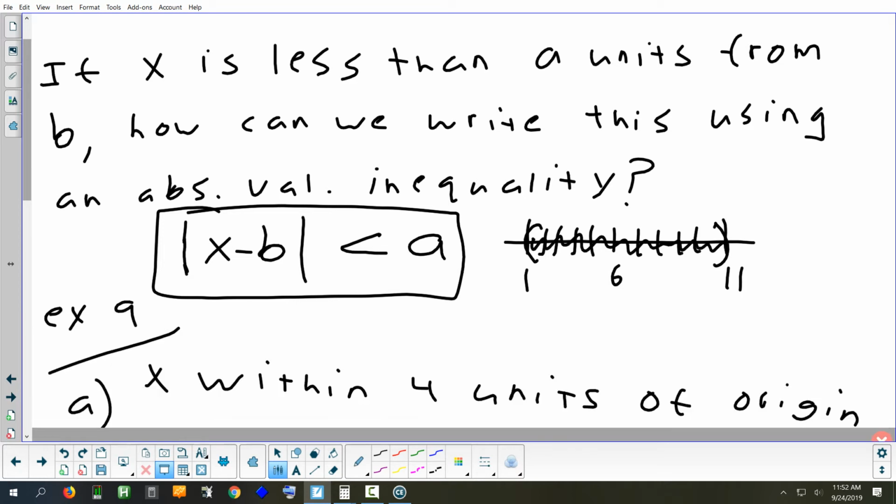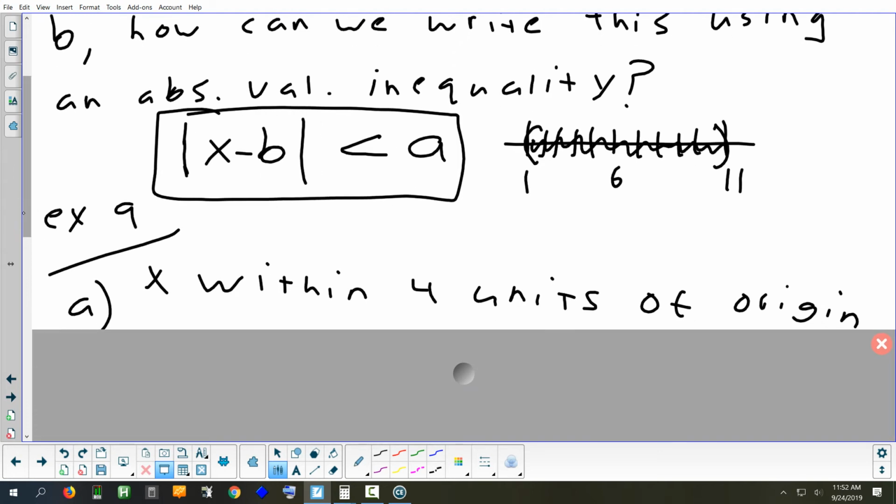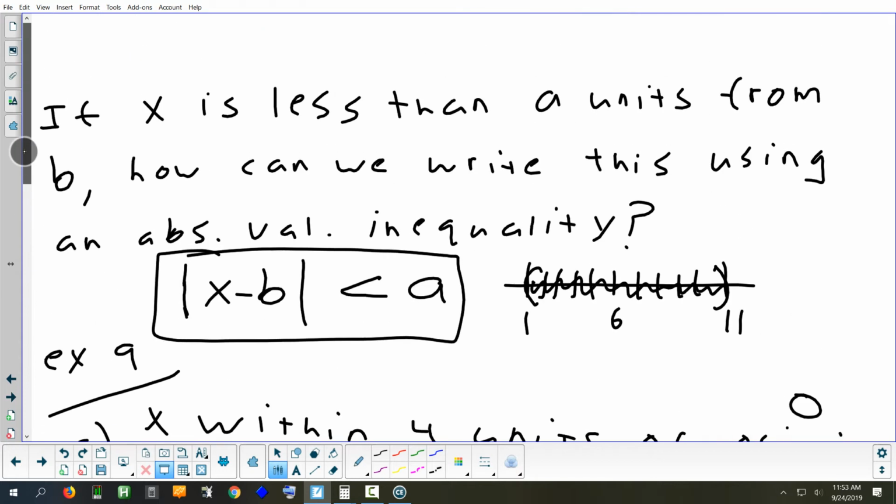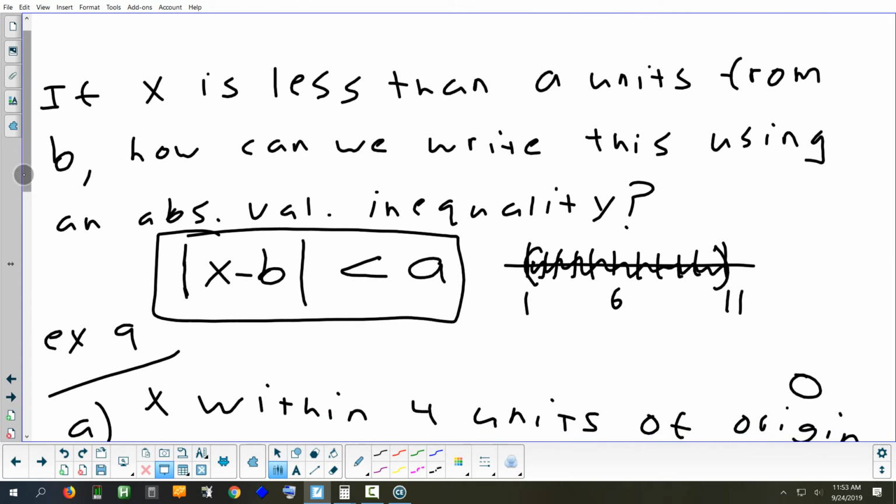Okay, so let's try this one. It says x is within 4 units of the origin. So the origin is what number? 0. Okay. Just as a reminder, this b is what you are away from.